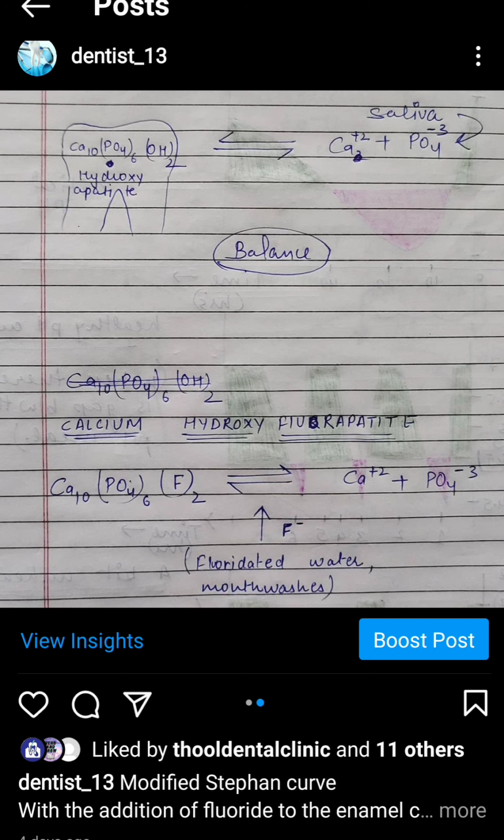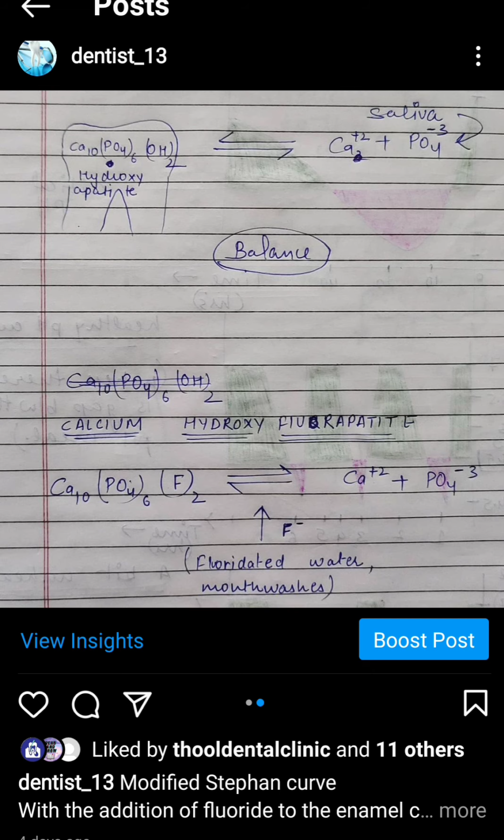Introducing the fluoride ion into the hydroxyapatite crystal will form calcium hydroxyfluoroapatite crystal. This fluoride ion will be added, replacing the OH group in the calcium phosphorus fluoride formula, and will form the calcium hydroxyfluoroapatite crystals.